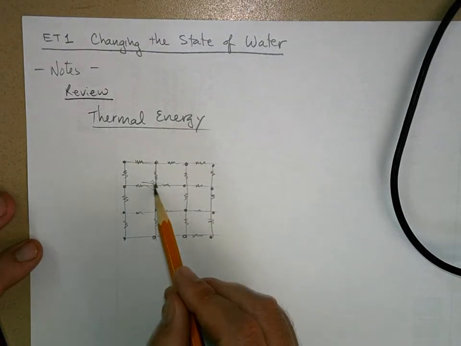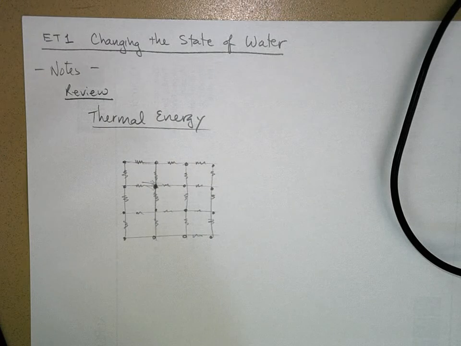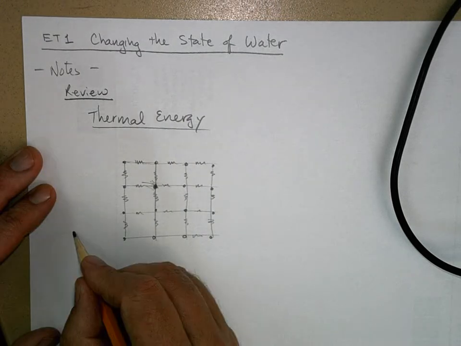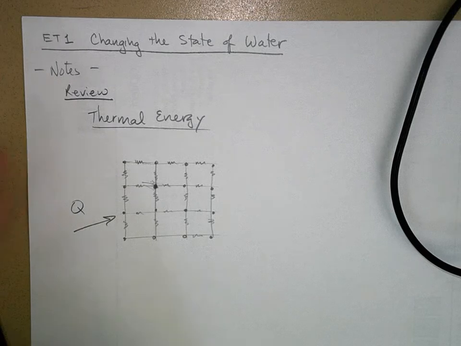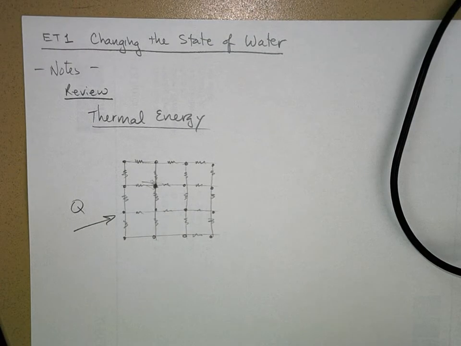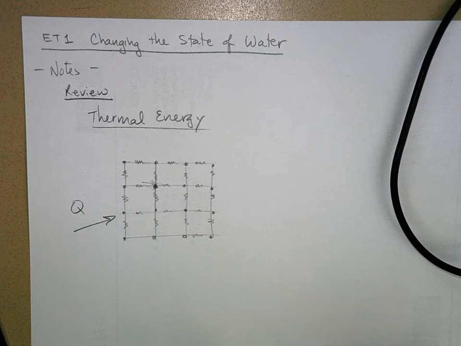So now if you add heat, let's say you have a really cold chunk of ice, and you put it on a beaker or something, and that beaker is hooked up to a source of heat, or maybe it's just left in a room temperature room.